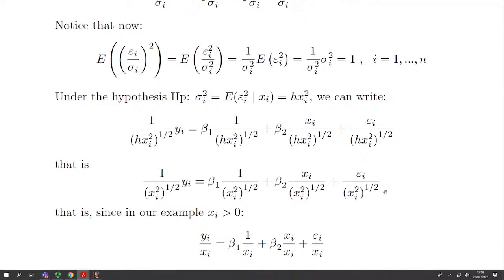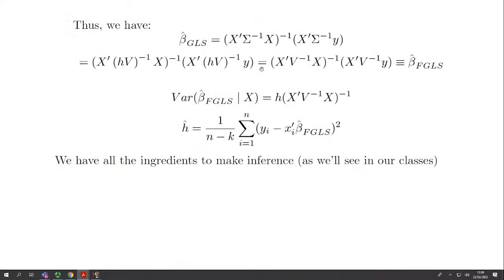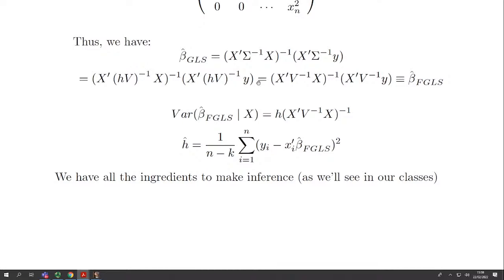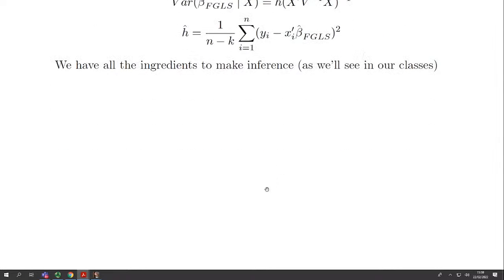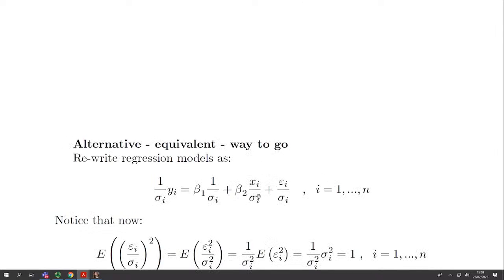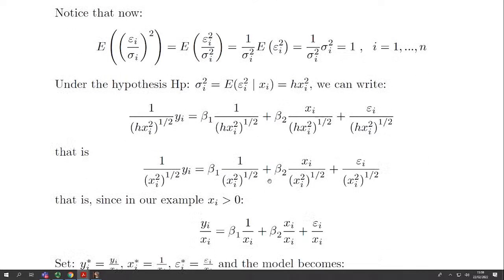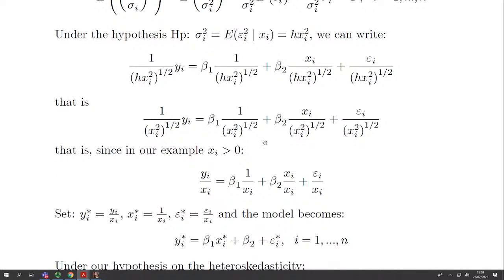I'm killing the h again. You remember that at a given point we killed the h from here and we get this expression. I'm doing the same here, okay? And now you understand that since the log of total expenditure is positive, I showed you very quickly the data, all the 11,000 households have positive total expenditure.